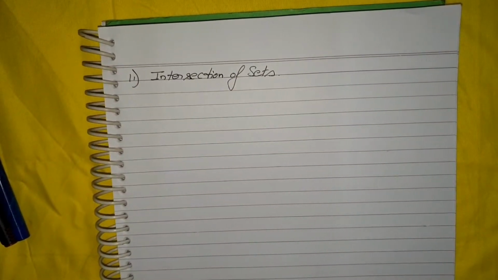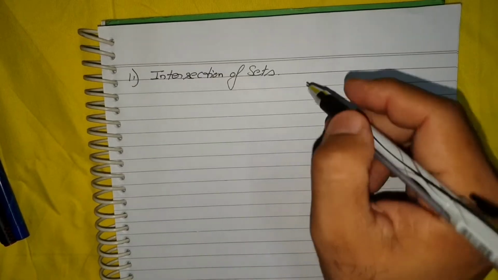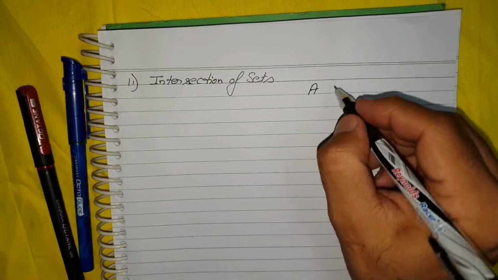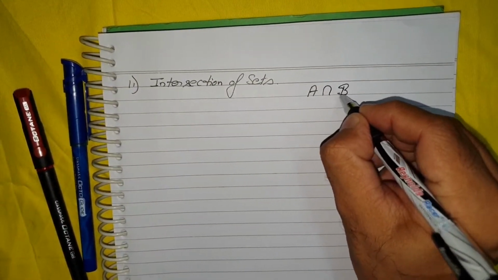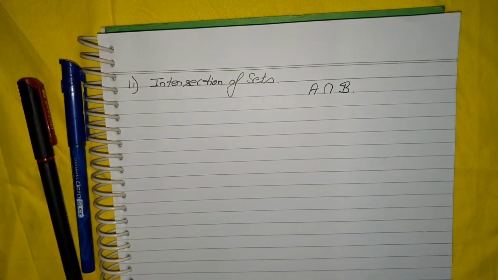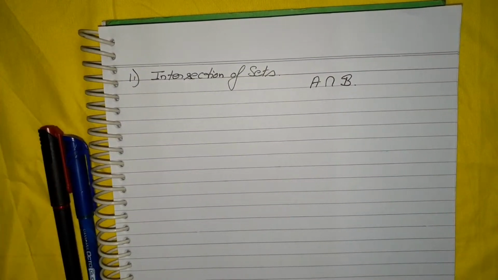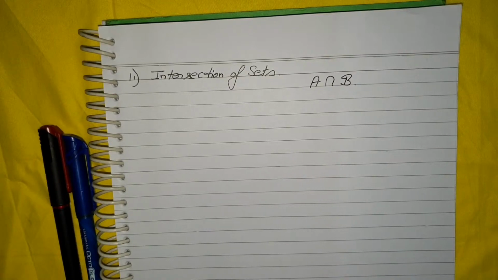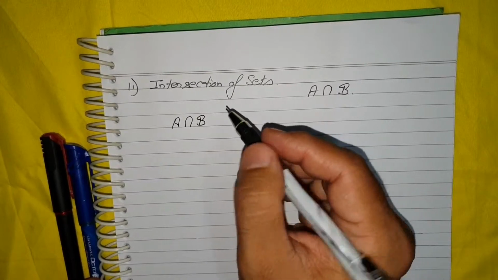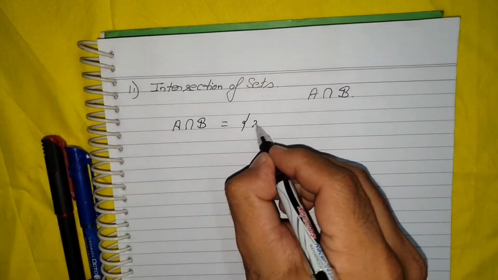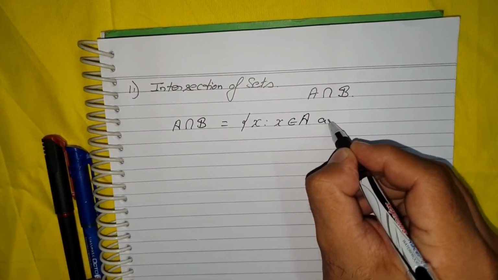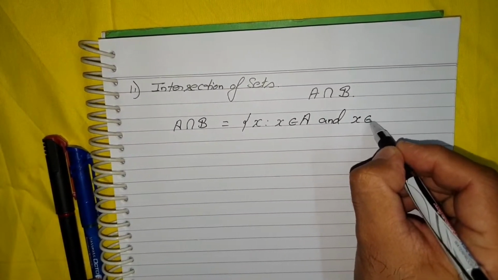Now the intersection of sets. The intersection of two sets A and B is denoted as A intersection B. It is the set of all elements which are common to both A and B. So intersection means the elements which are present in both A and B, the common ones. A intersection B can be written as {x such that x belongs to A and x belongs to B}.